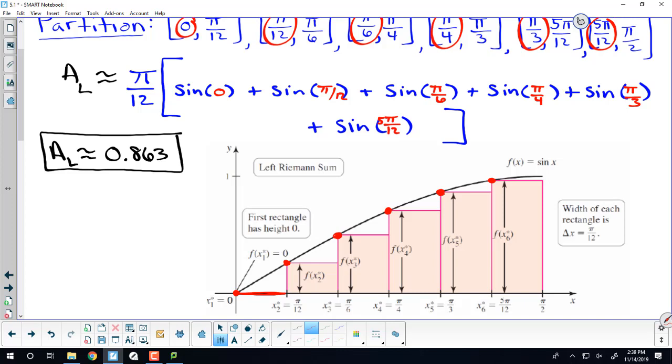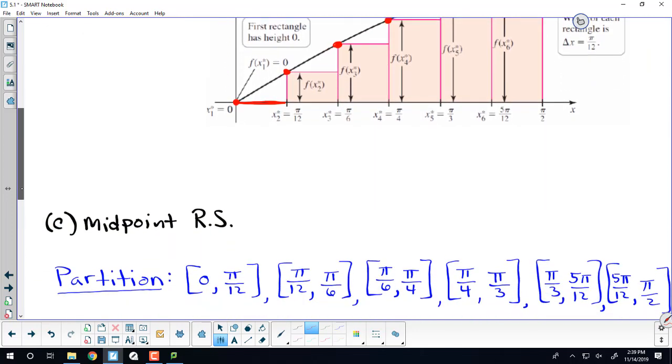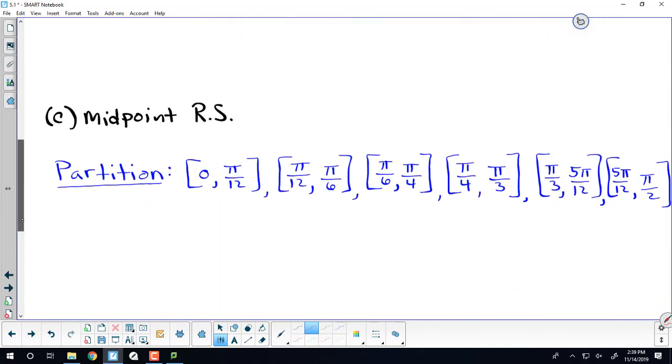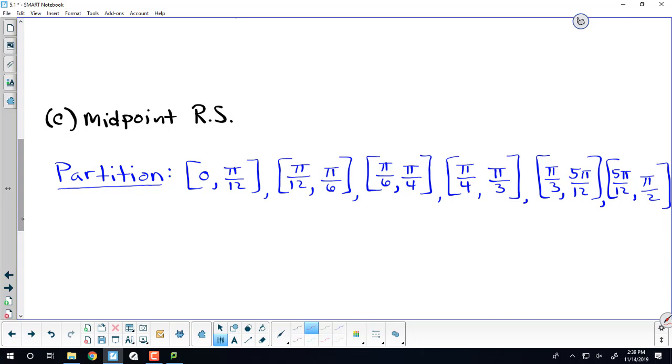Then the midpoint Riemann sum, we're not actually going to work through all of that. But again, it's based on our delta x and our subintervals. And we're just going to take the midpoint of each one of these subintervals.